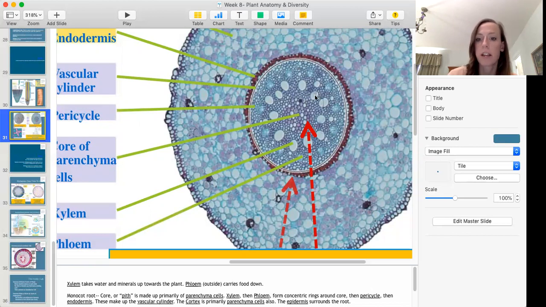And then just outside of that, you've got these large openings that are our xylem cells. This is responsible for water conduction. And then just outside of that, you can see these little hazy spots here. This is another ring, but now this is phloem. So these guys are the cells associated with sugar conduction in the root.